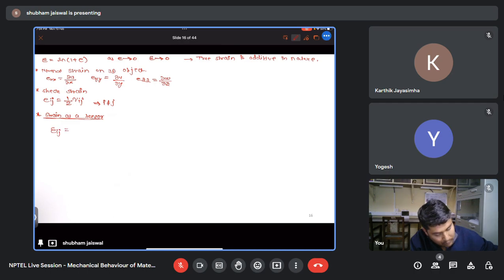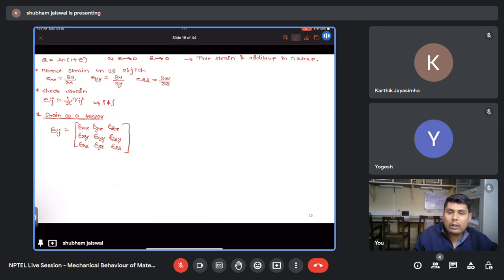Eij is equal to epsilon xx, epsilon yx, epsilon zx, epsilon xy, epsilon yy, epsilon zy, similarly epsilon xz, epsilon yz, and epsilon zz. So we can represent strain in the form of a strain tensor.